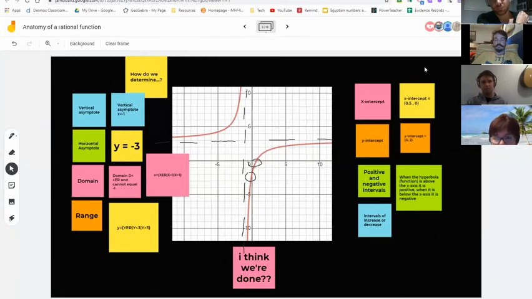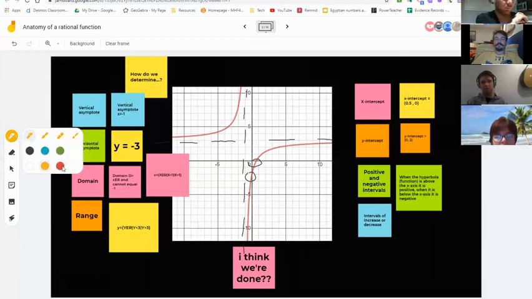Okay. So I'm going to comment on these very quickly. The y-intercept is where the function crosses the y-axis. And if the x-intercept is found when the function or y is 0, the y-intercept is found when x is 0. So we're looking for the y-intercept to be this point, right?